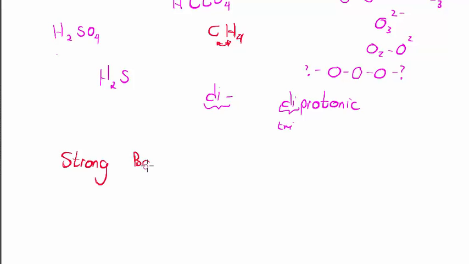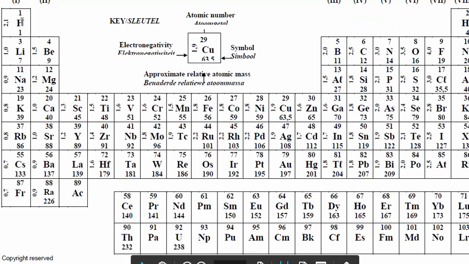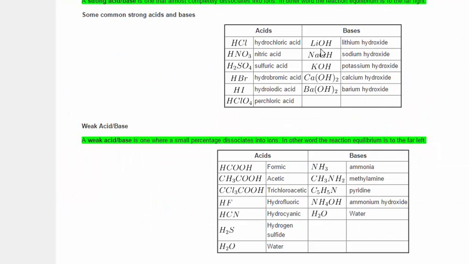Okay, so strong bases. The strong bases are very easy. Strong bases would be hydroxide that is bonded to an alkali metal. In other words, if we look at our periodic table, this first column would produce a strong base. Okay.